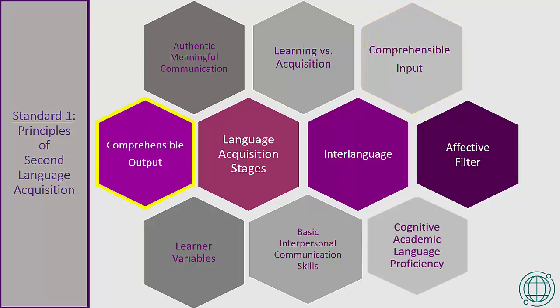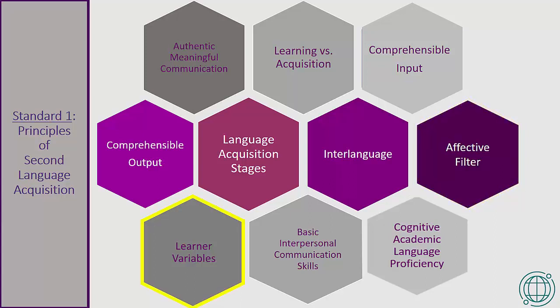And comprehensible output, the central role that students' language production plays in their acquisition of the language. Knowing what to expect of learners at different proficiency levels, and the process of acquiring a language which includes something called interlanguage. The role that emotions play, called the affective filter in our field.